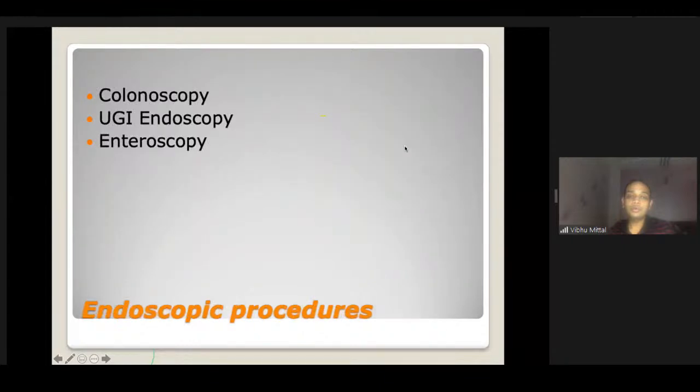For endoscopy, colonoscopy predominantly, because in most of these diseases we want to look at the colon and the right side of the bowel. Occasionally, we might need to look at the esophagus, stomach, or duodenum. And if the jejunum, mid ileum, or distal ileum has to be evaluated, then you would need an enteroscopy.